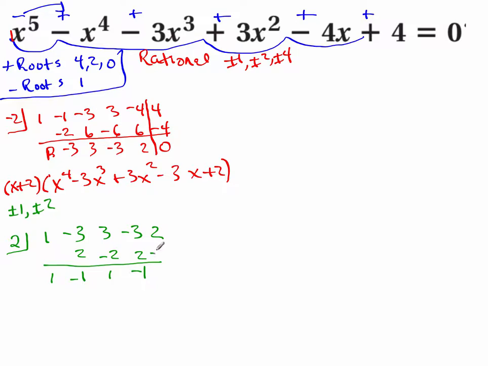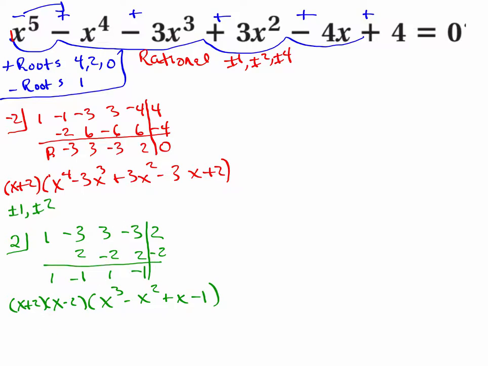Oh, goodness gracious. Yes, this is another root. So I know my polynomial is x plus 2 times x minus 2 times, let's see what we're left with, x cubed minus x squared plus x minus 1.